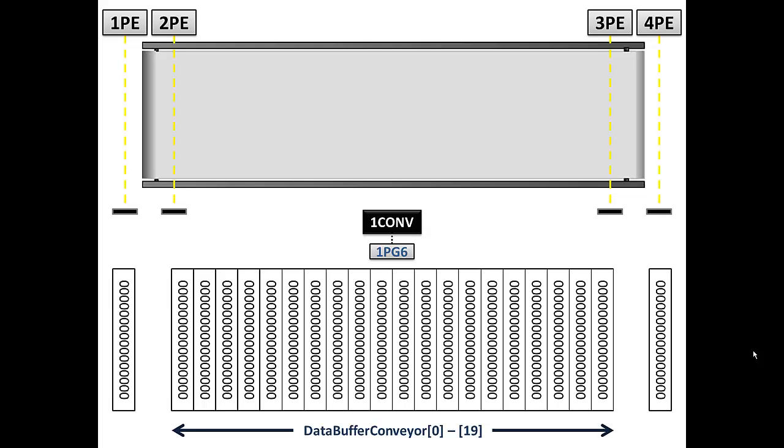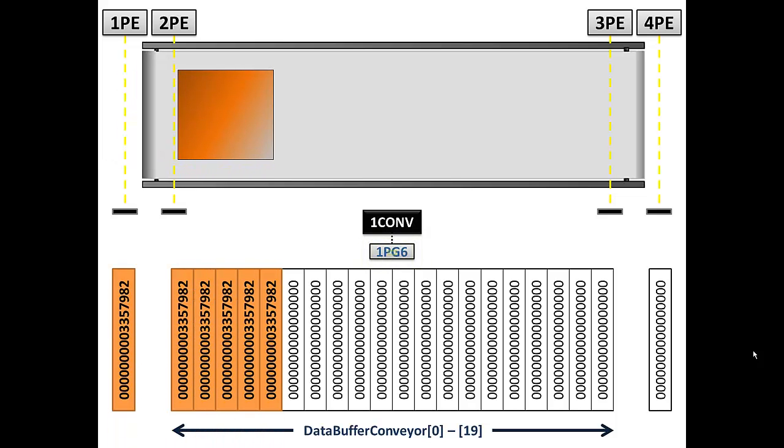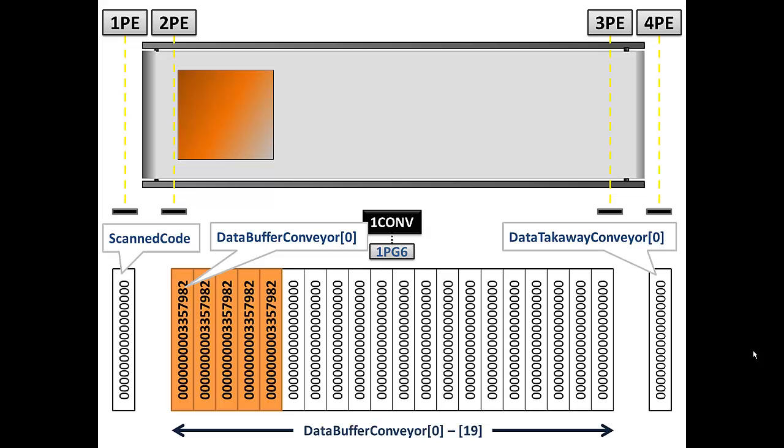So let's go ahead and run this. Here comes a carton, breaks the first photo eye, loads that code, and keeps loading it until it clears the photo eye. At that point, our scan code goes back to 0, because once we've loaded up those 5 registers that reflect the position on the conveyor with that product code, then we're good.